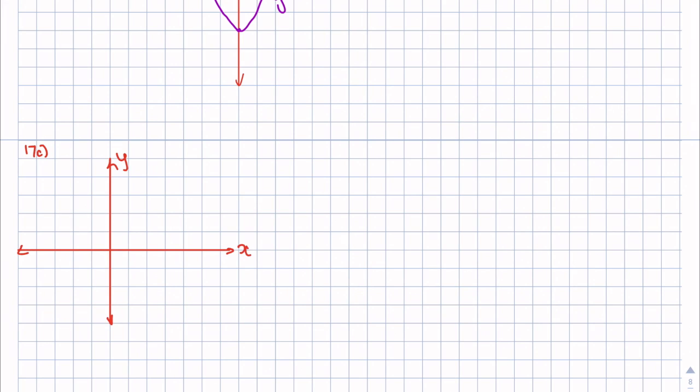Y, x. And y equals minus x squared is going to go like that, it's a sad face. So then if I have y equals minus x squared plus 1, well, that's the same. Everything's just been moved up one spot.